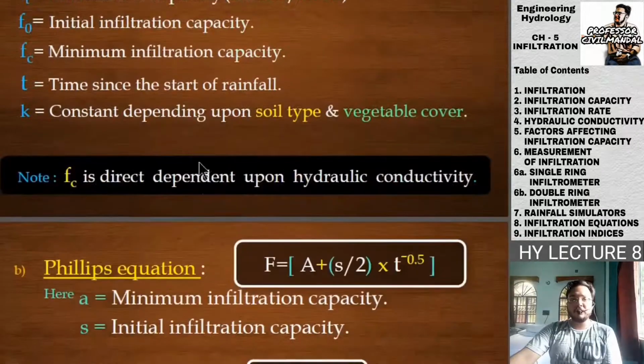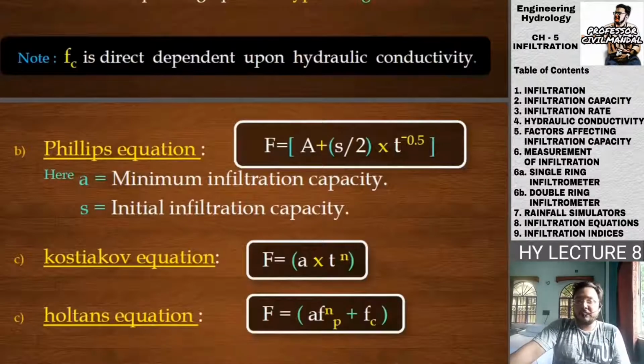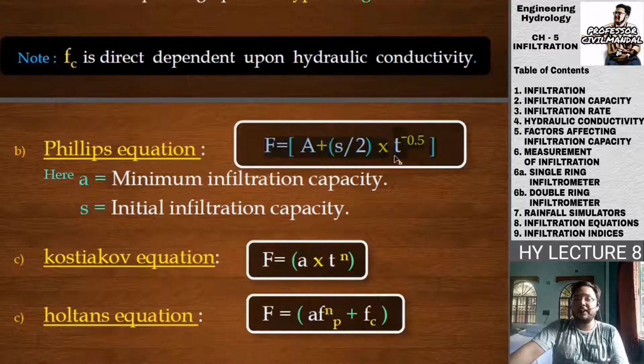influencing this particular equation. Next we have the Phillips equation, and you can see Phillips equation is given by F is equal to A plus S by 2 multiplied by t to the power minus 0.5. So we have two terms. You can write anything, capital A, small a, that is up to your choice.